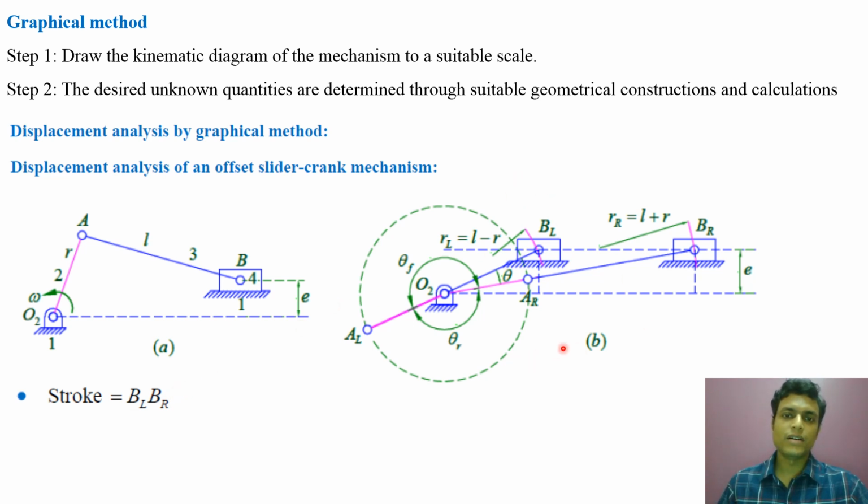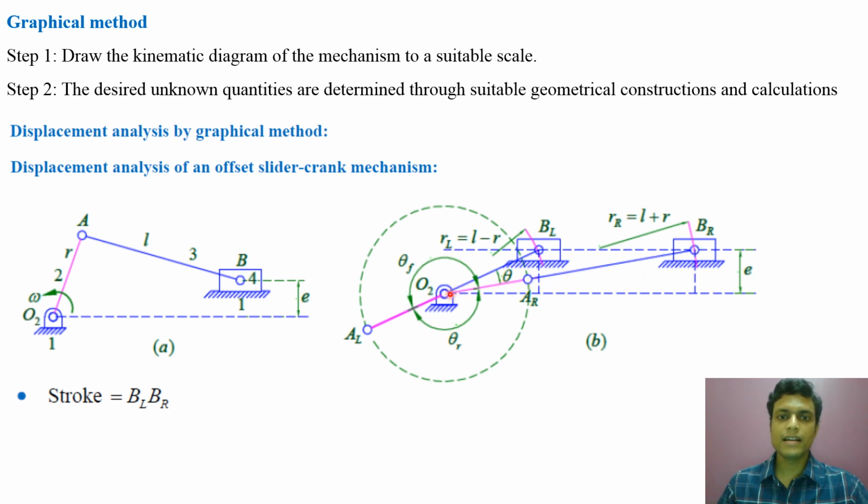Now we have to find out the quick return ratio. Say the crank is rotating with a uniform speed in the counterclockwise direction. Let us start with this position, when the crank position is O2AR and the connecting rod is ARBR.